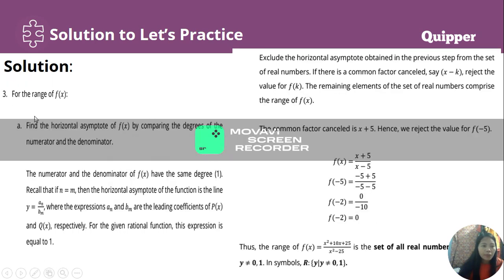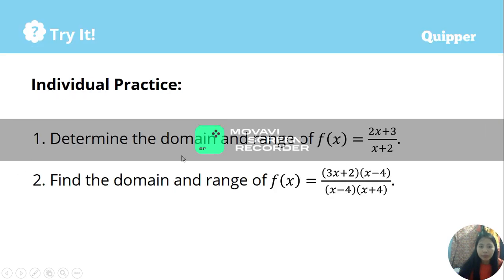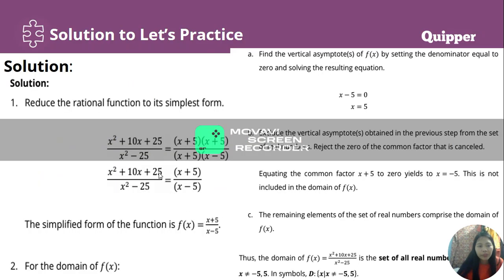Next, to find the range, we go back to our given, which is x squared plus 10x plus 25 over x squared minus 25. As you can see, we have a degree of 2. Degree means highest exponent.